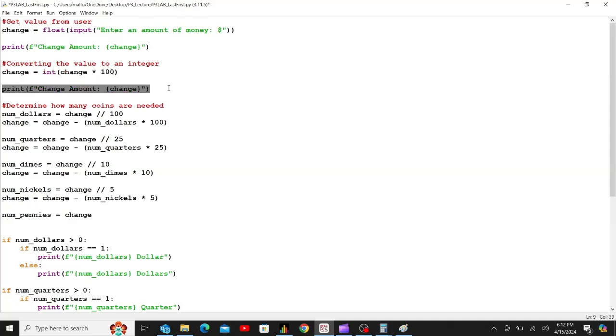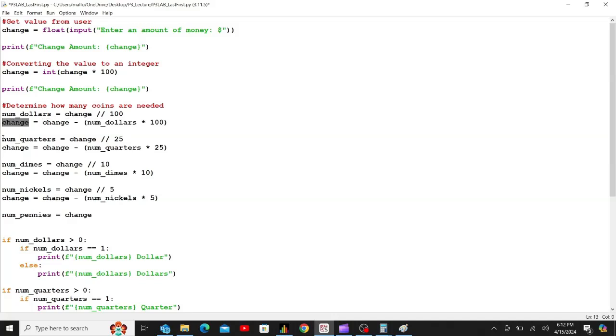And then we're printing that out to make sure that everything converted well.